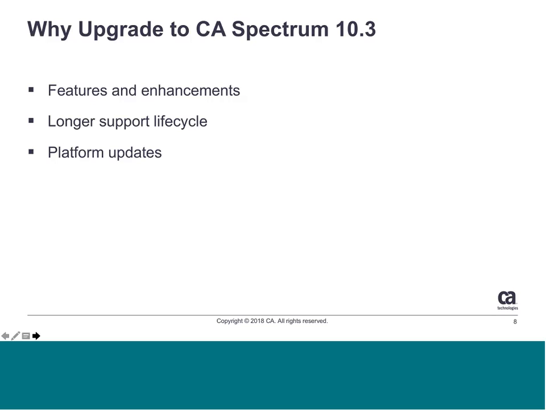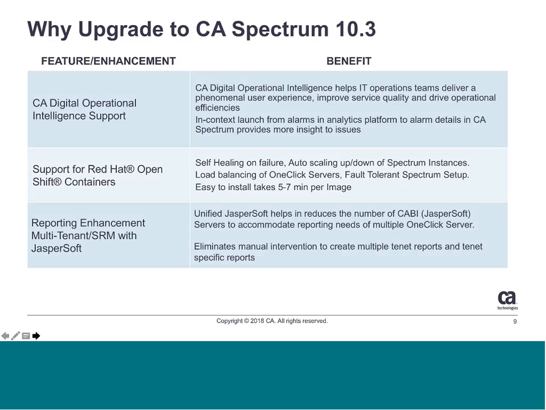We'll also talk about the platform updates that we have had with 10.3 and how that plays a role into the need to upgrade CA Spectrum, right? Okay. So let me quickly talk about some key features and enhancements and what their benefits are, so that those tie back to the need for upgrading CA Spectrum, right?